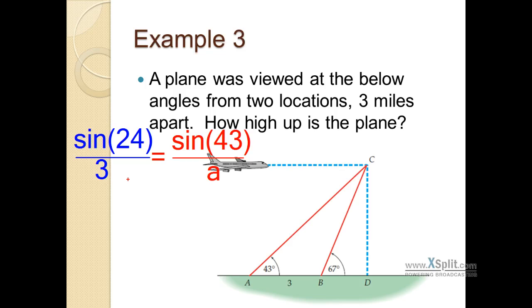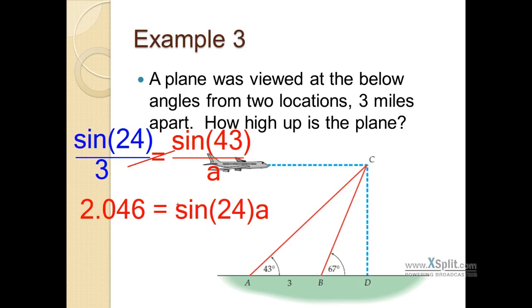I'm going to type in 3 times sine 43 on my calculator. 3 sine 43 degrees gives us 2.046. 2.046 is equal to sine of 24 times our A value.